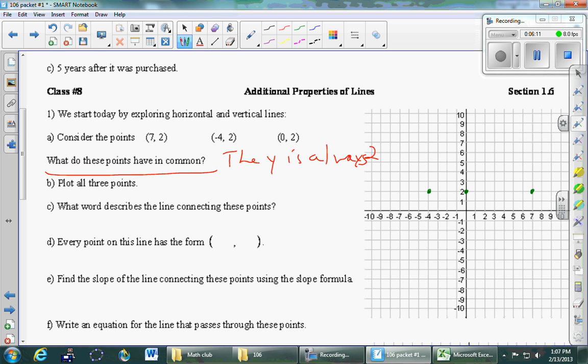The y is always 2. Okay, part C. What word describes these points, the line connecting these points? This is a horizontal line, right? Horizontal.